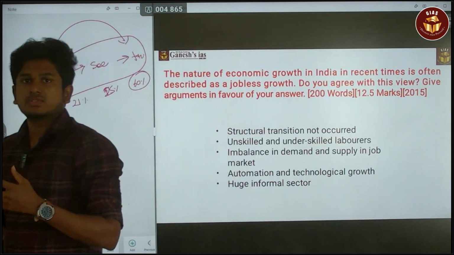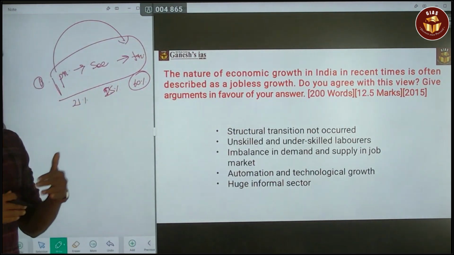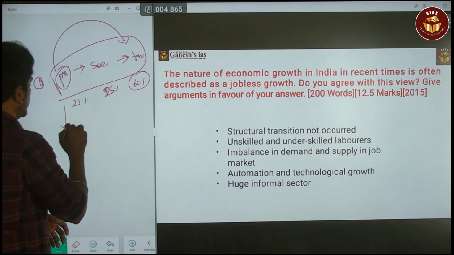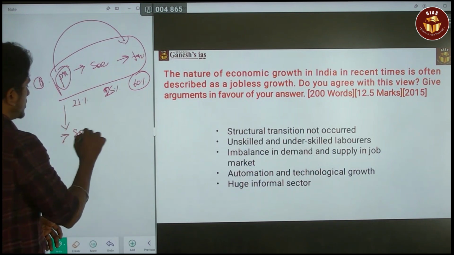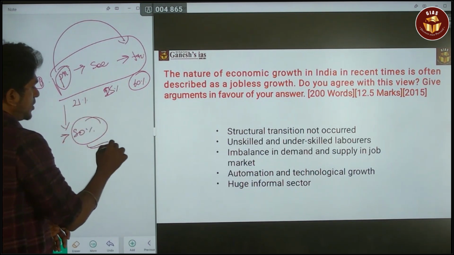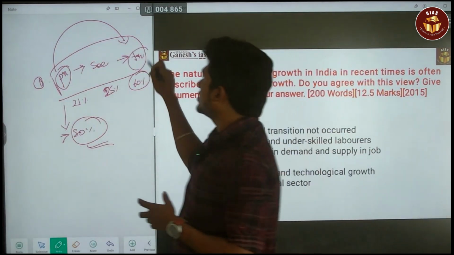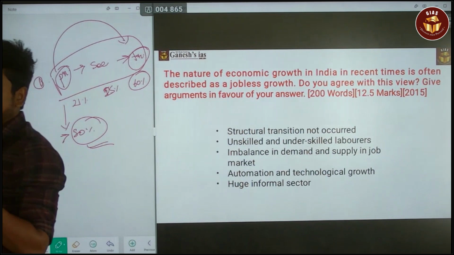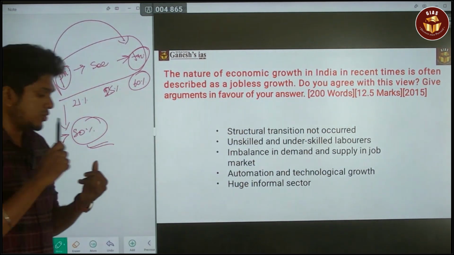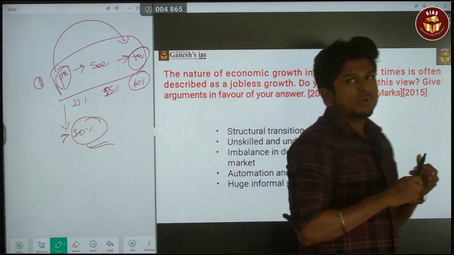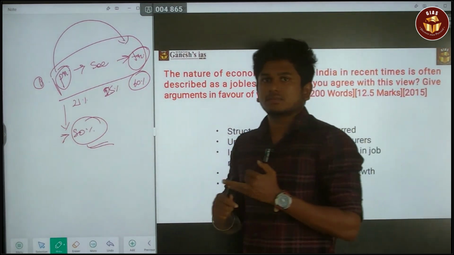That leads to joblessness, because the people remaining in the primary sector are greater than 50% of the Indian population. They couldn't switch into the tertiary sector, because for a tertiary sector you need to be skilled and also well versed in the education system.